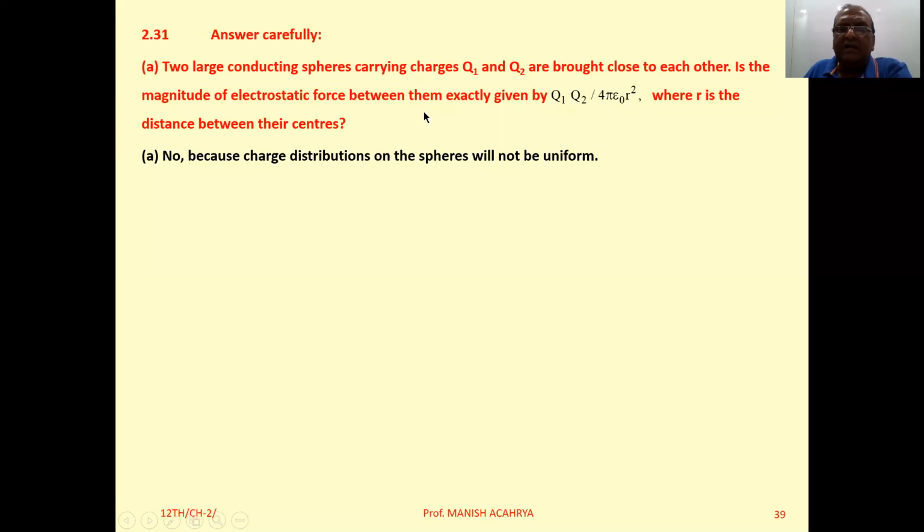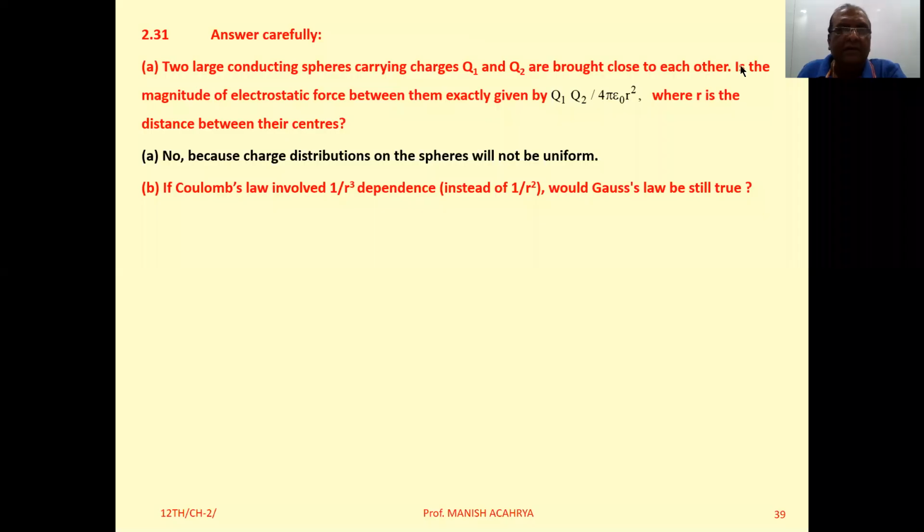Here we can't say the force is exactly equal to Q1 Q2 upon 4 pi epsilon 0 R square, because when two spheres are taken close to each other, the distribution of charge becomes non-uniform. The charge on the spheres will not behave like a point charge concentrated at the centers. Clear to all of you?